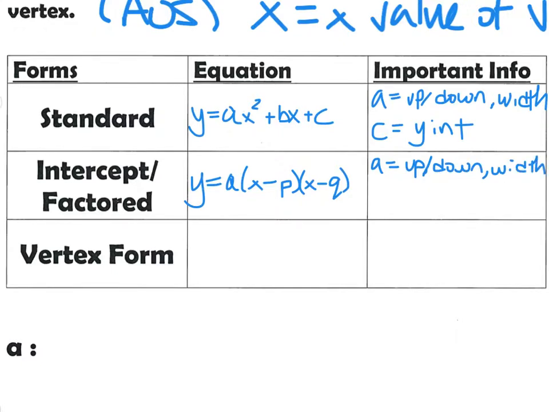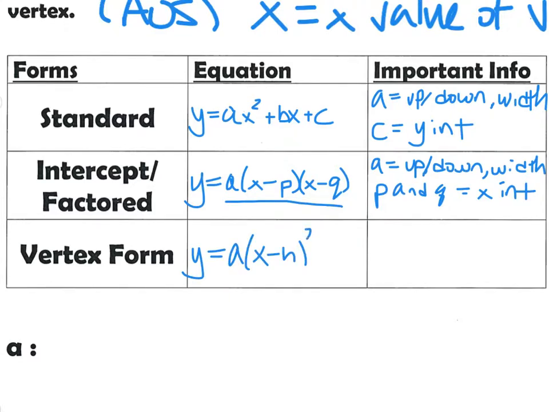Then intercept form gives you what? The x-intercepts. So P and Q are my x-intercepts. So the whole time we've been solving by factoring, by the way, factored form looks like this, and when I solve by factoring, it gives me my x-intercepts. Just blew your mind.